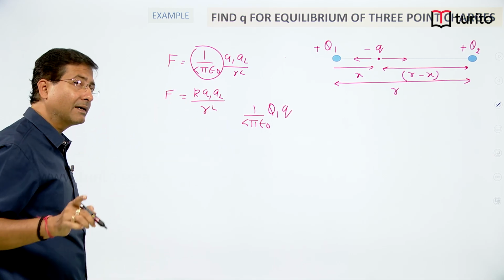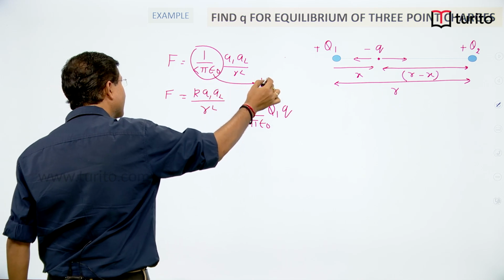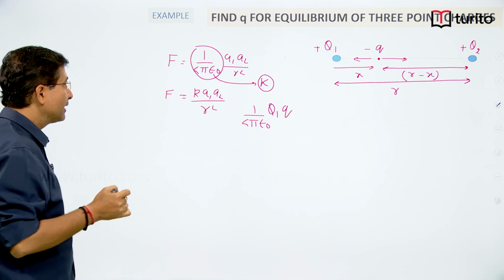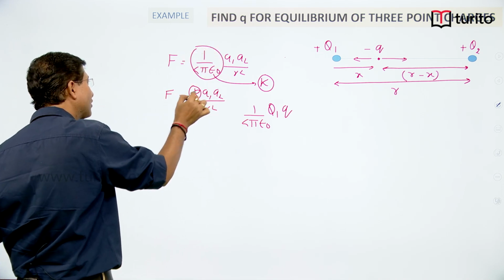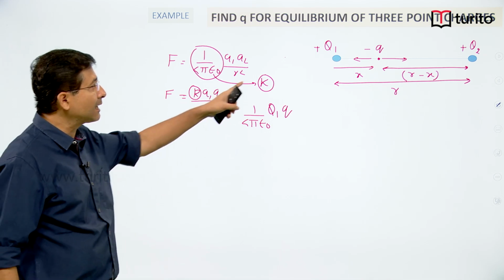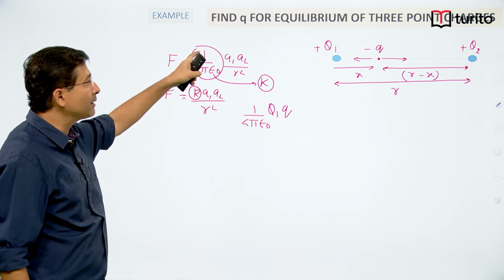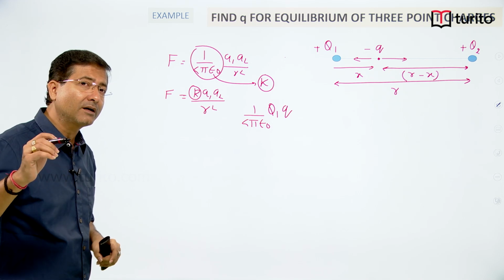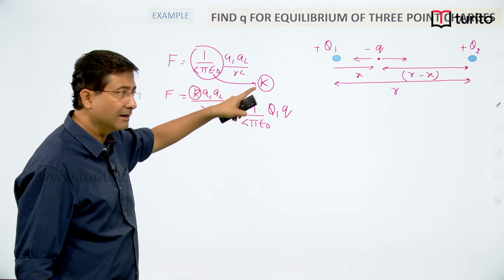Do remember that we added one K here, that was dielectric constant. Here I am calling this as K, and that too small k, not capital K. So do not get confused between this capital K and this small k. This small k stands for 1 upon 4 pi epsilon naught, whose value is 9 into 10 to the power 9, and dielectric constant must be written here, right.